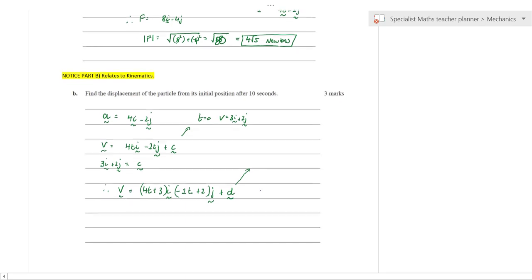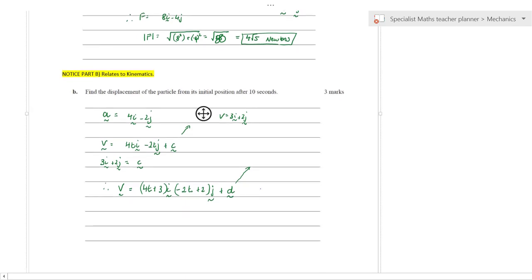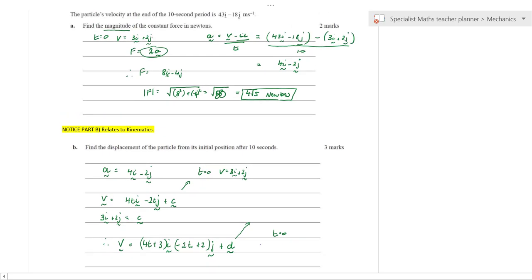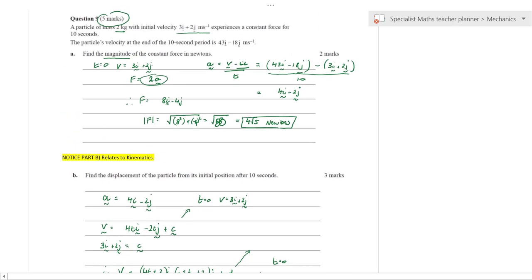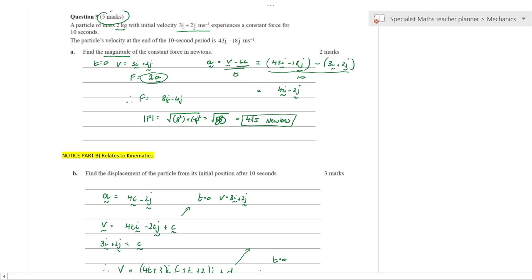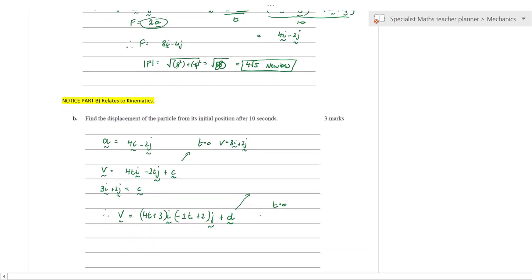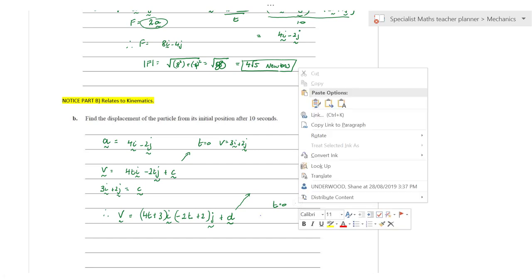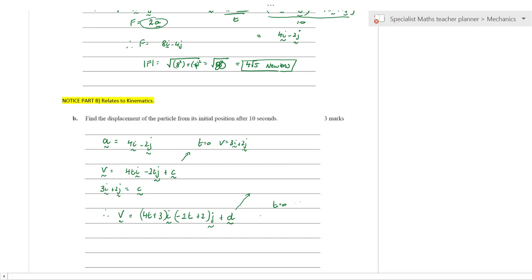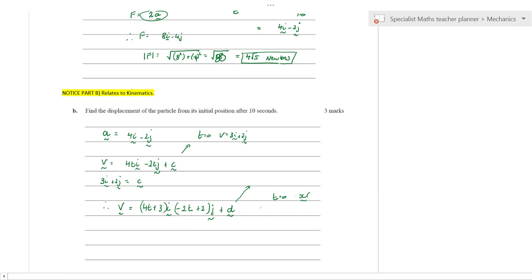I'm going to say that at t equals 0, let's say that the displacement would be 0. The initial velocity is this. So let's call it x, like so. X of 0 is equal to 0.